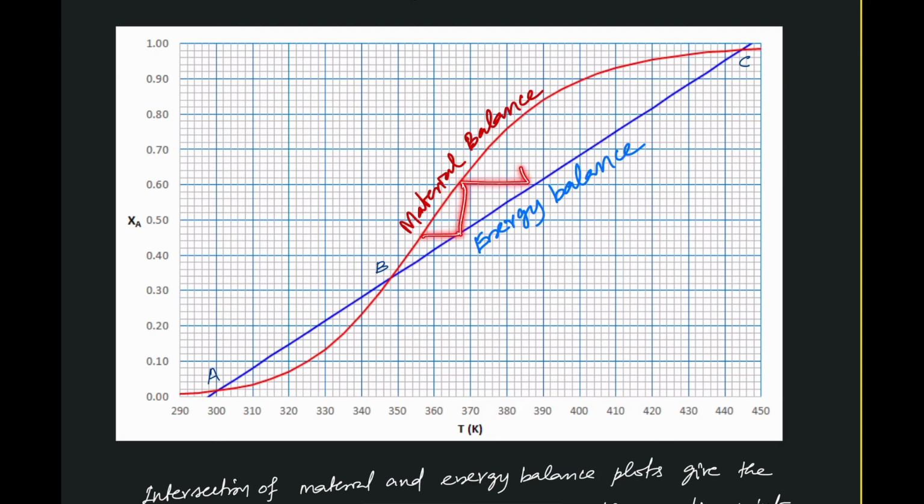So if you try to operate from this point, a slight positive temperature change will lead to reaching this operating point.